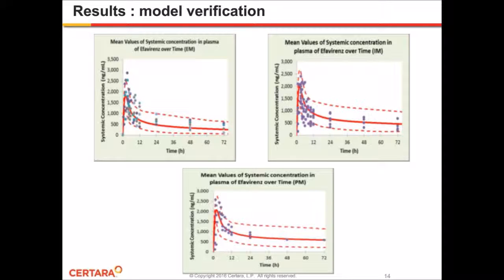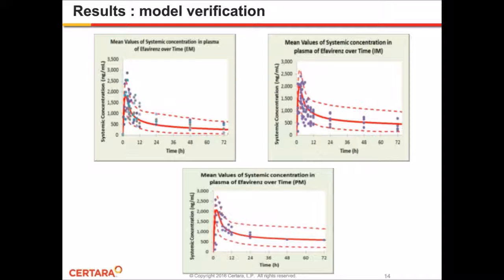These are some of the results that we obtained. So in these figures, you would see the PBPK model being verified. The figure on your top left are the extensive metabolizers, and there the red solid line represents the mean predicted plasma concentration time profile.